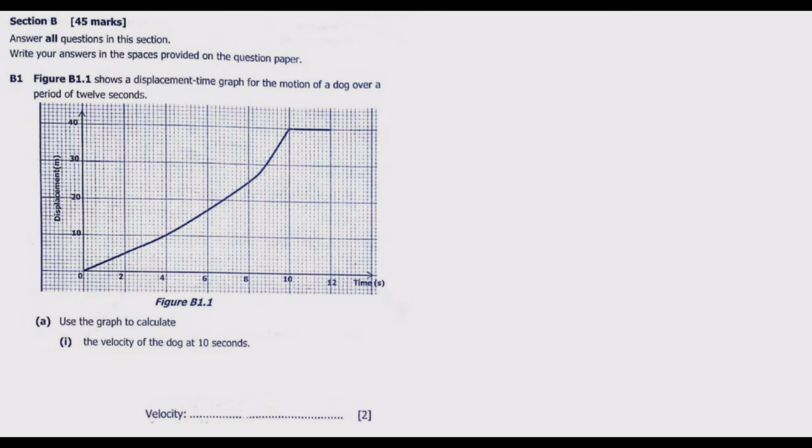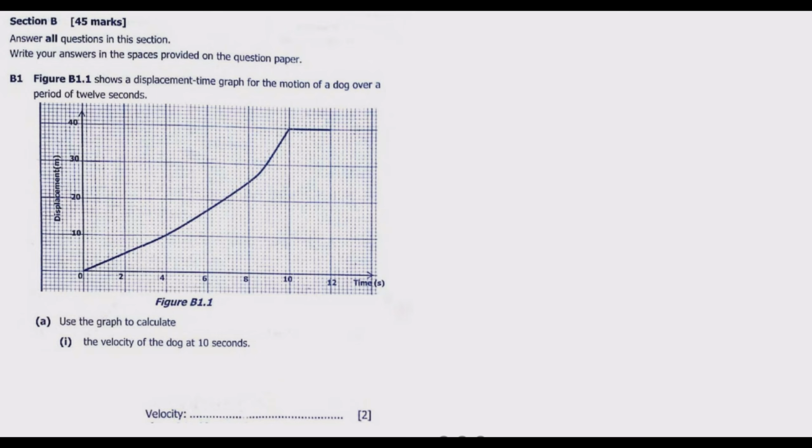B1 reads: figure B1.1 shows a displacement-time graph for the motion of a dog over a period of 12 seconds. Use the graph to calculate, Roman numeral 1, the velocity of the dog at 10 seconds.